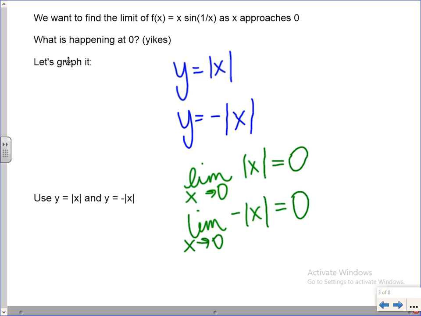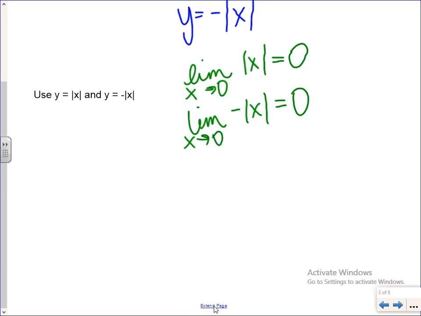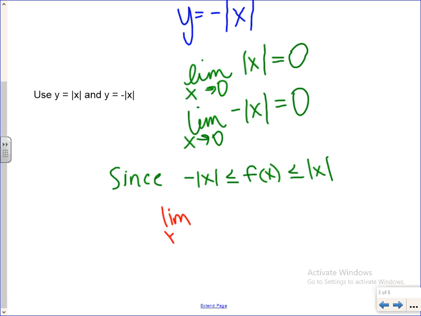Since f of x is squeezed in between those two, then the limit as x approaches 0 of x sine of 1 over x would also be 0.